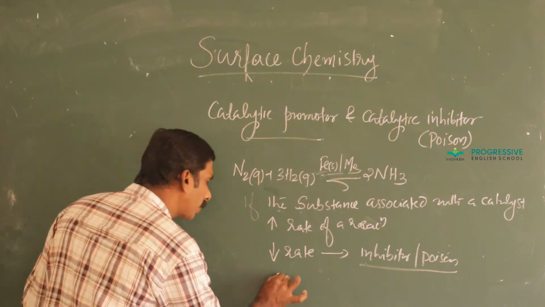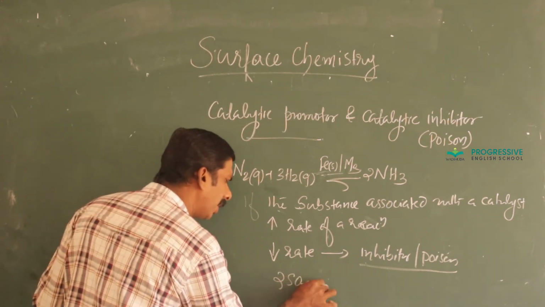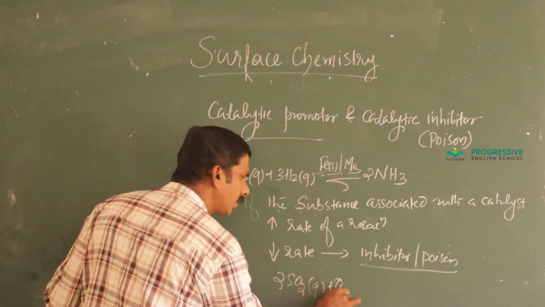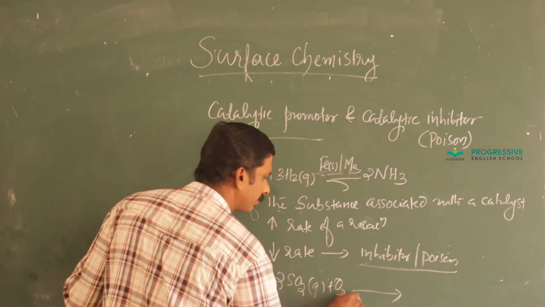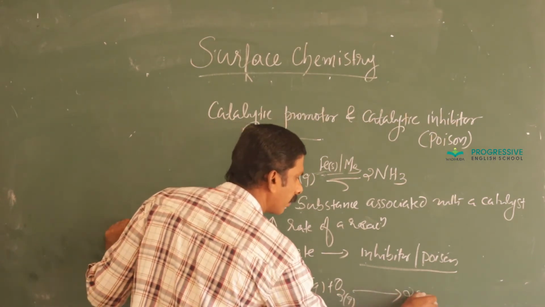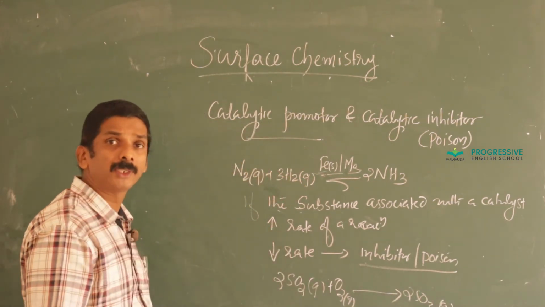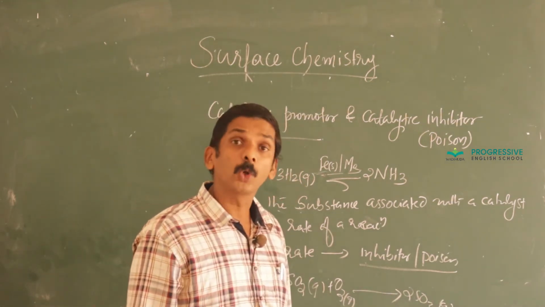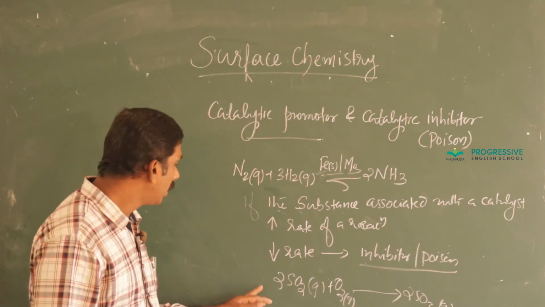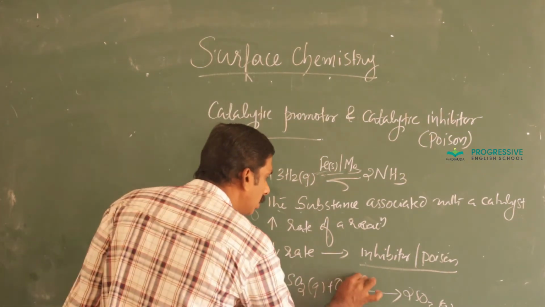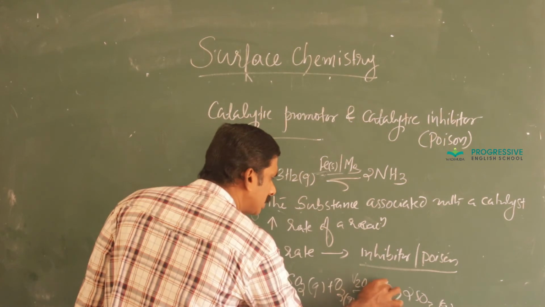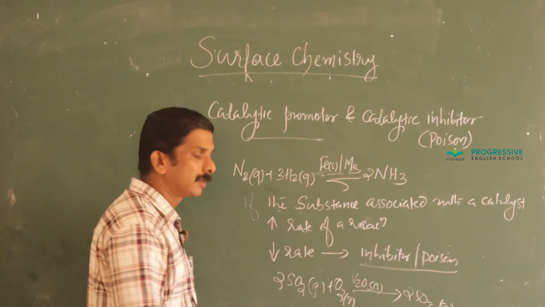In the contact process, that is one of the methods for the manufacture of sulfuric acid. Sulfuric acid is manufactured either by the lead chamber process or by the contact process. And in the contact process, vanadium pentoxide acts as the catalyst.